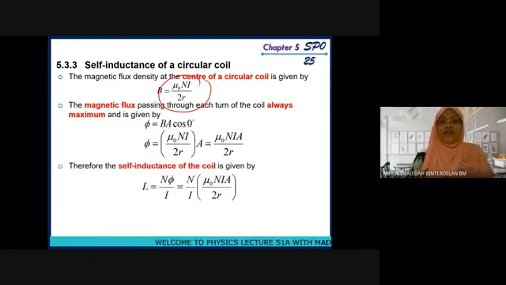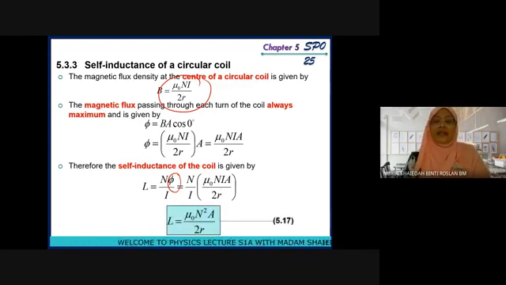From there, L, as you know, equals N phi over I. So phi is put in for the coil. So you will get L equals mu naught N squared A over 2R. So this is the third formula for self-inductance.